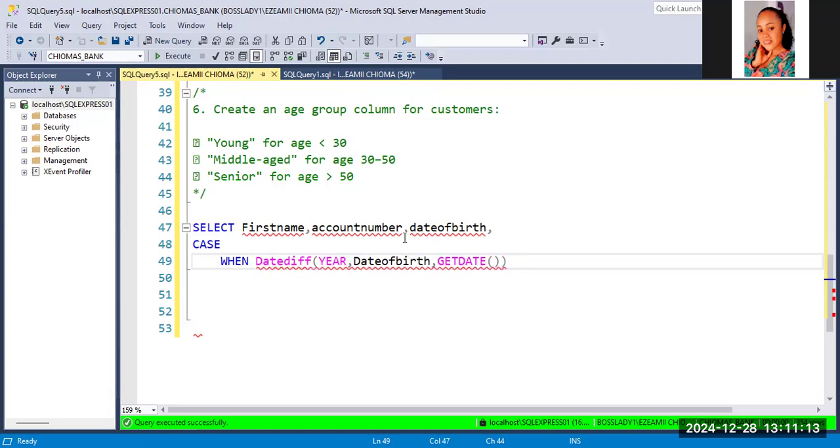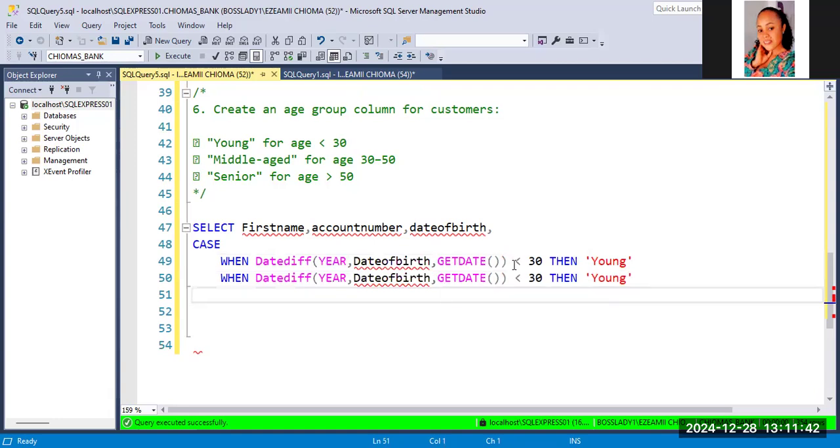So when the date of birth is less than 30 years, then we say young. The person is young. Let's copy this and bring it down here.